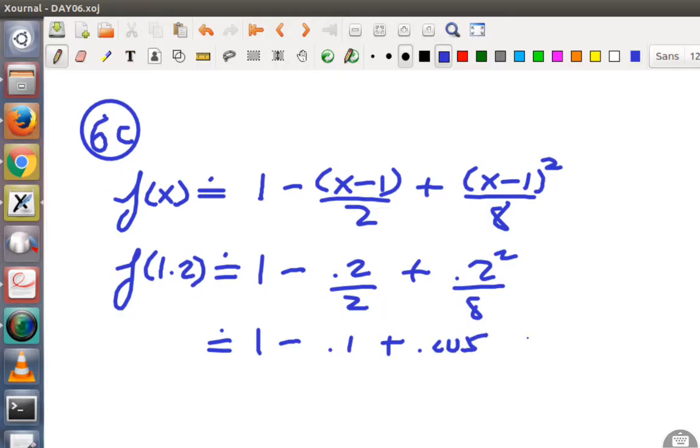And so you get 1 minus 0.1 is 0.9, plus 0.005 is 0.905, right? 0.905. There you go. My resolution is a little screwy here. I don't know why. Alrighty, and that's it. Okay, good.